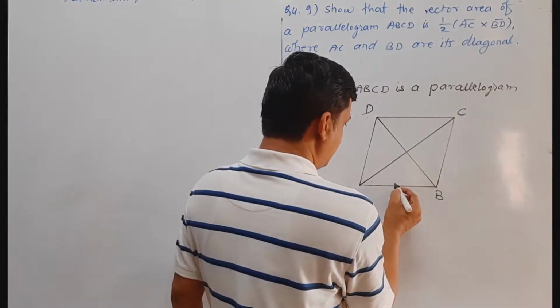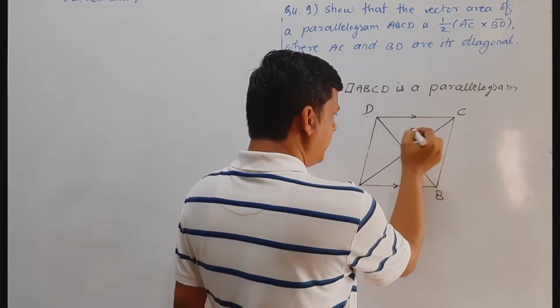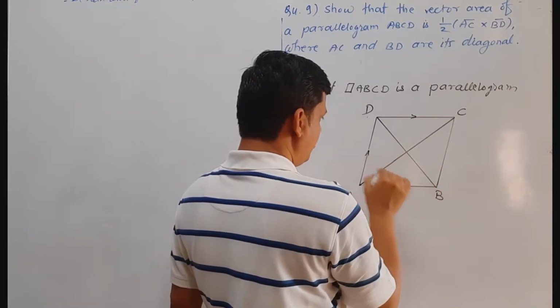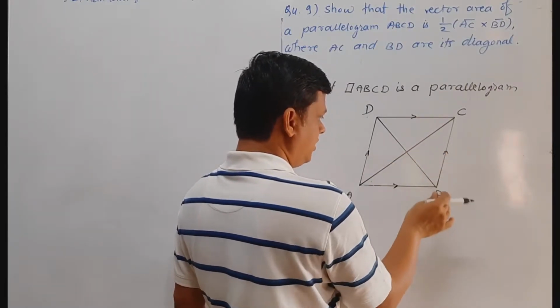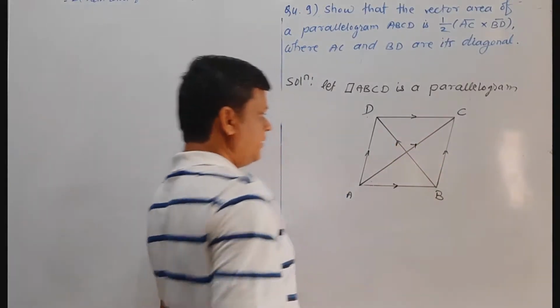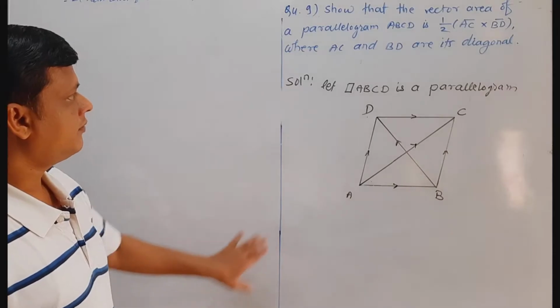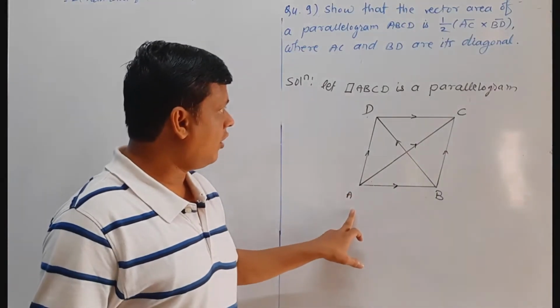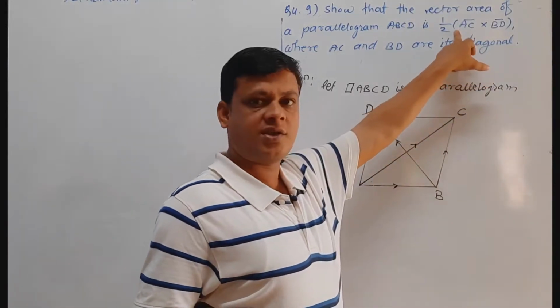So we write A to B, D to C, A to D, B to C, then A to C, then B to D.